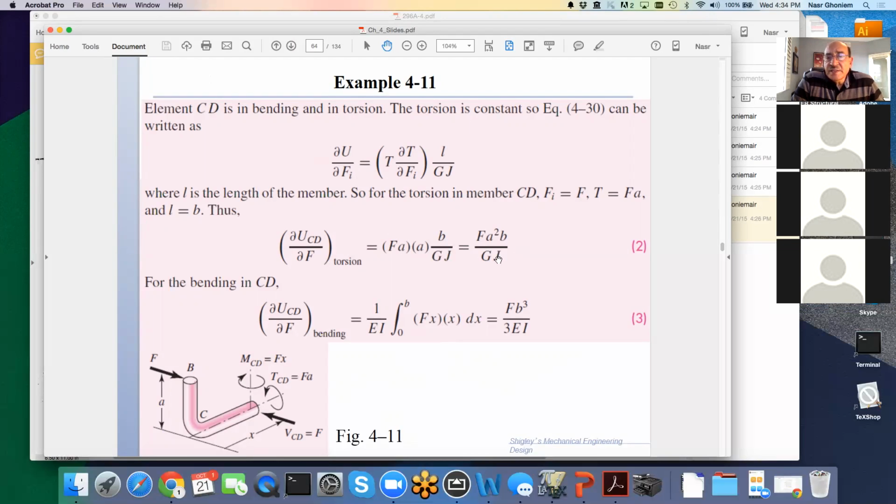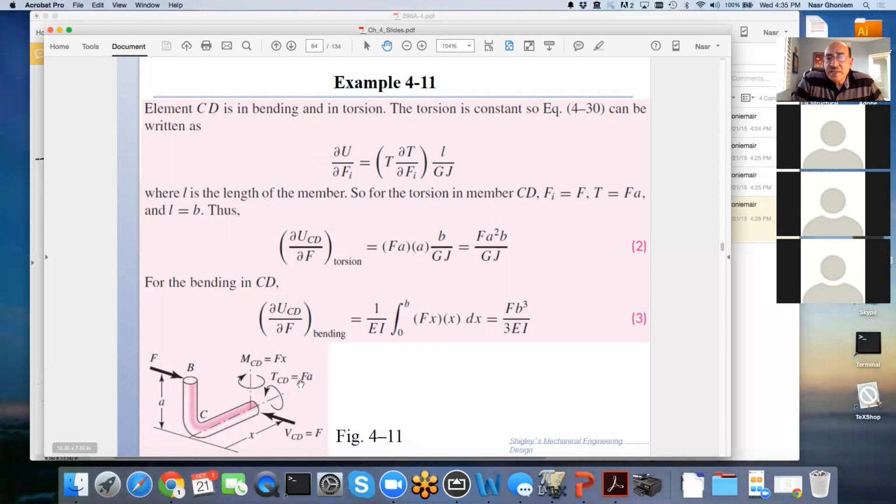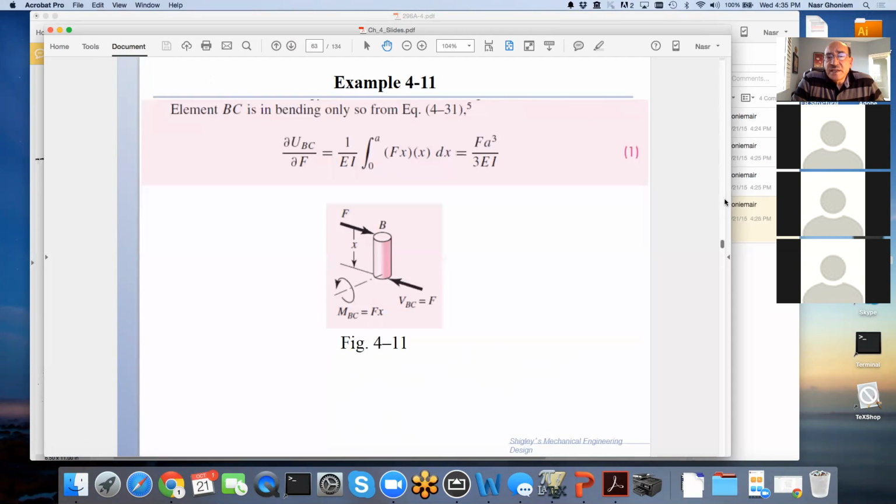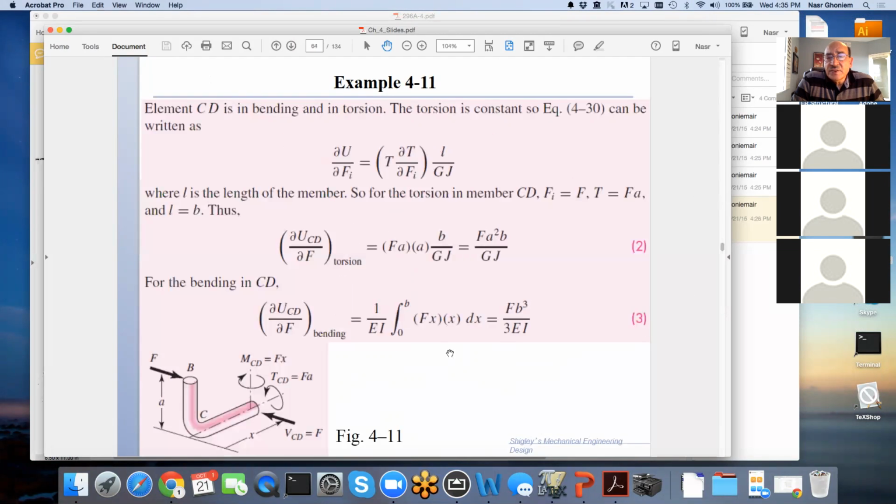And we get this contribution from the torque. From the bending, very similar to the previous section, Fx times x integrated from 0 to B, and you get Fb cubed over 3EI.